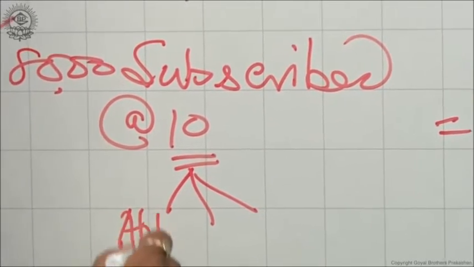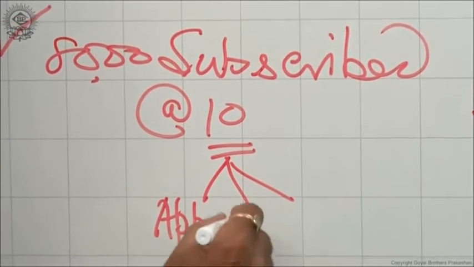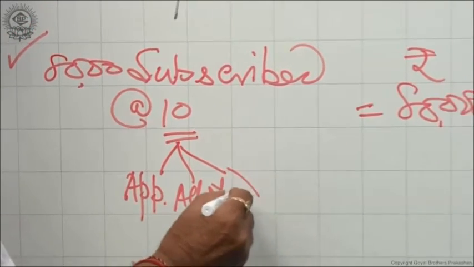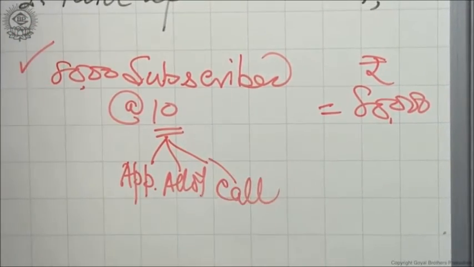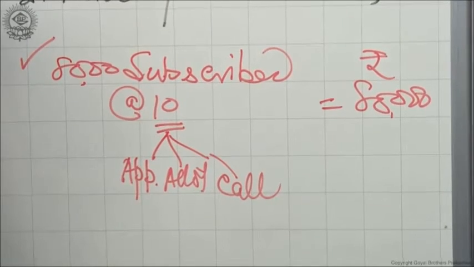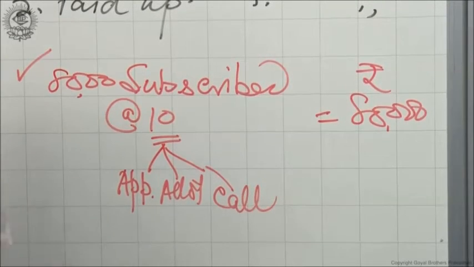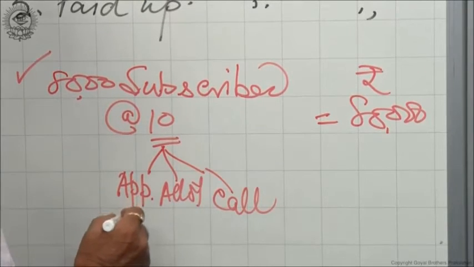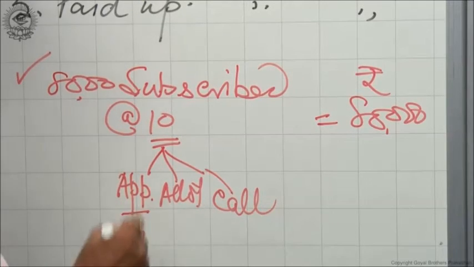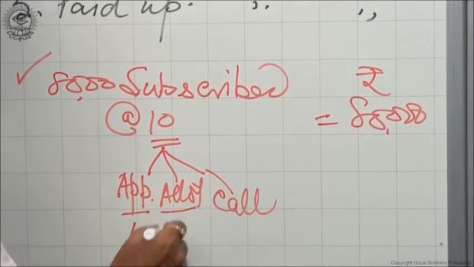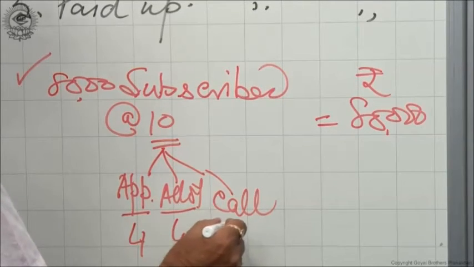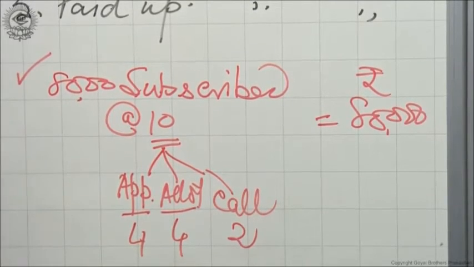One is application money, then there is allotment money, then there is a call money. Call may be first call, or there may be two calls, first call, second call, third call, final call. So let us say application money was 4 rupees, allotment money was 4 rupees, and call money was 2 rupees.